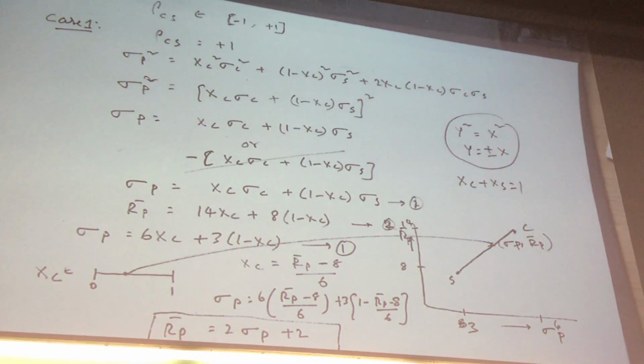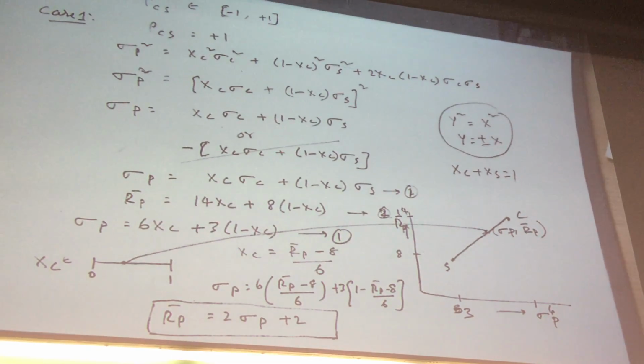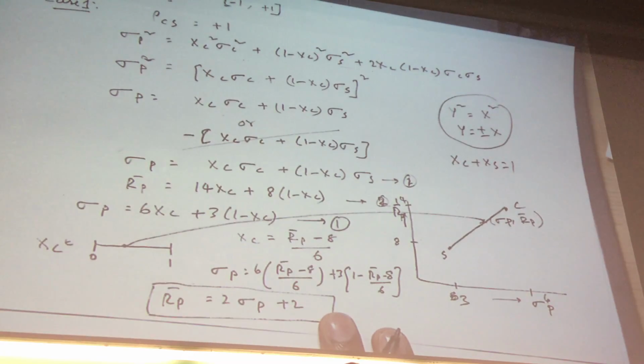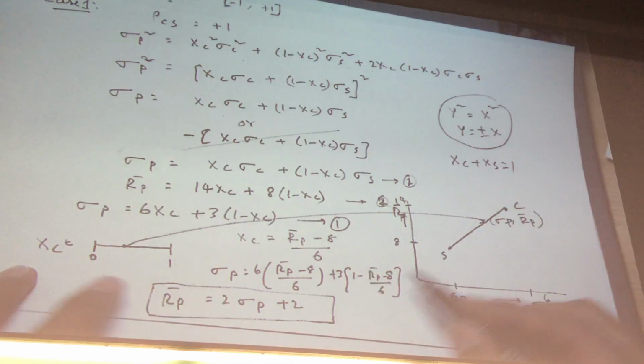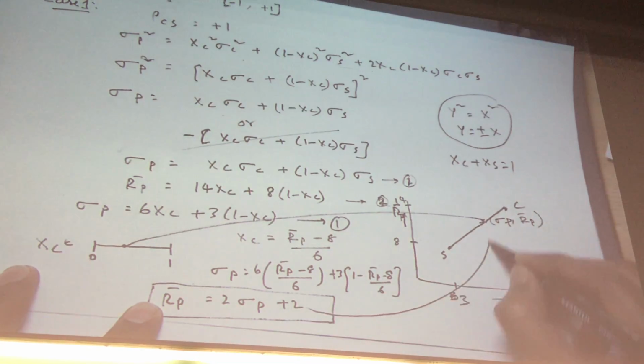No? Who said no? Can you show the line for R1? R bar? Yeah. Is there any intersection between the two lines? Well, see, this line is representing this one.